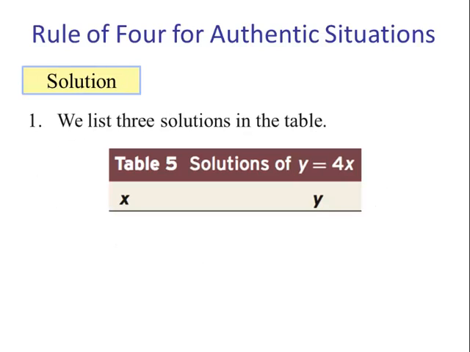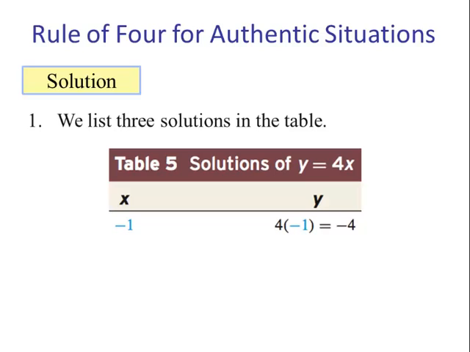Solution. Just like in the previous video, we are going to make a table. We're going to pick values of the independent variable x, substitute them into the equation to find the values of the dependent variable y.